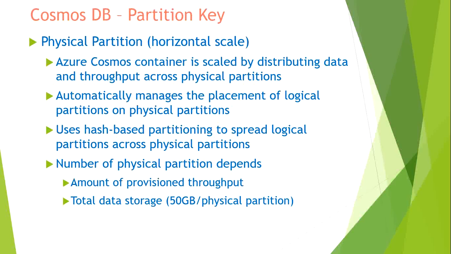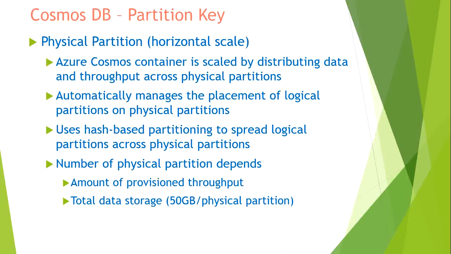So what is physical partitioning? A container is scaled by distributing data and throughput across physical partitions. So we are talking about physical partitions across physical machines. It automatically manages the placement of the logical partitions on the physical partitions.